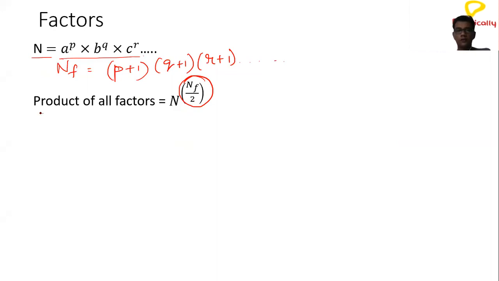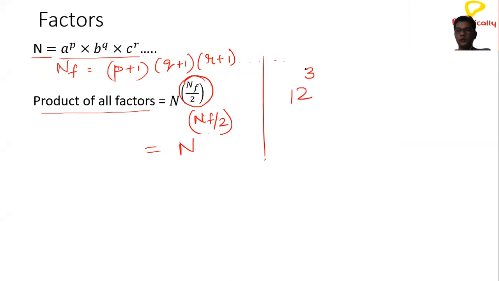And the product of all the factors will be the number to the power of the number of factors divided by 2. So in the previous case, 12 was my number to the power of 3. And you know how 3 came, right? 3 came by 6 upon 2. Clear with this, guys?